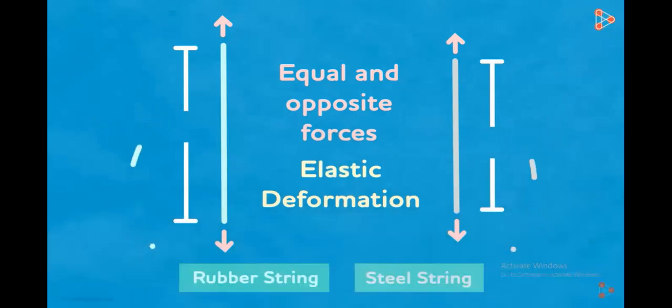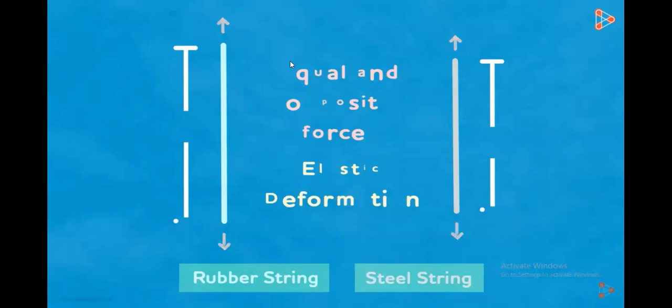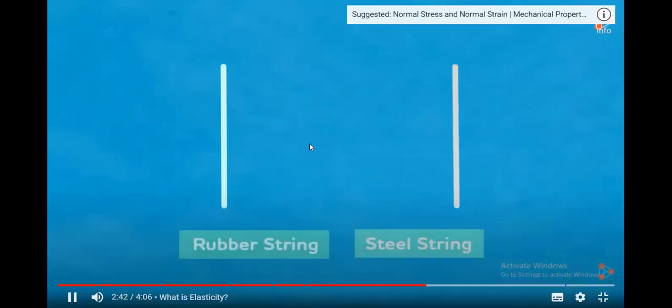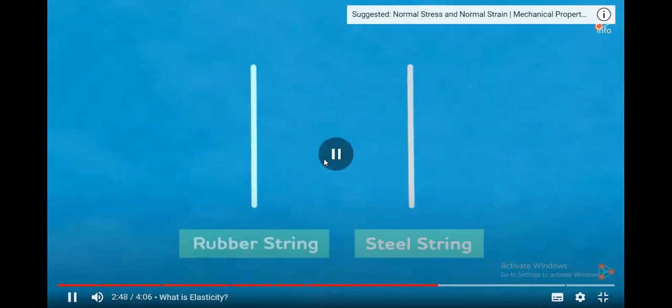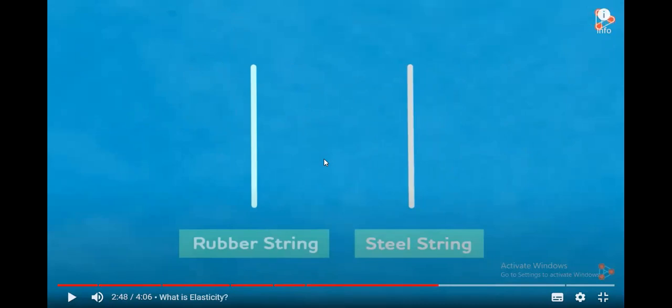Actually, steel is having more elasticity. What do you mean by elasticity? Actually, steel is more resistant material. Means it doesn't allow the forces to change its shape more quickly. It will change its shape, but less as compared to the rubber. Rubber is more flexible but not elastic, right? So don't be confused between the two words flexible and elastic.